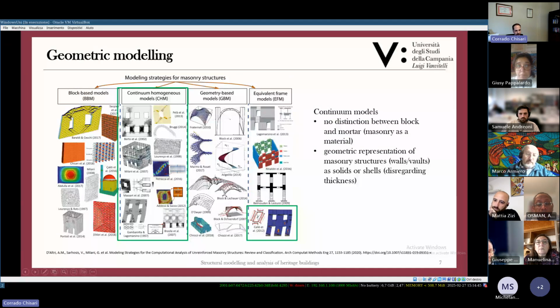There is another type of approach which was developed by Bartolomeo in particular, and his previous research group in Catania, which I think we will use in the representation of the case study in this project.